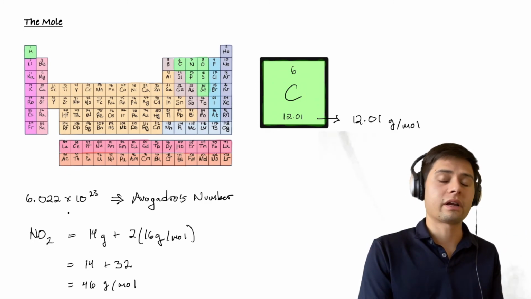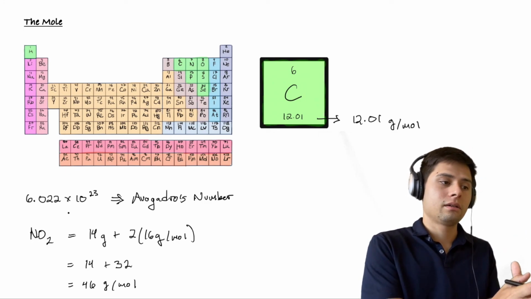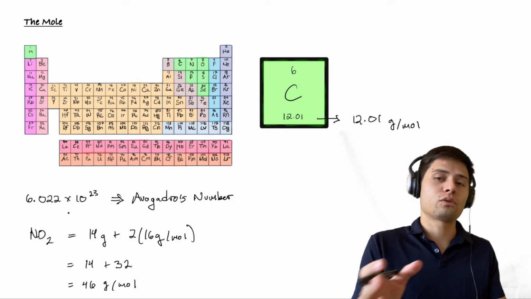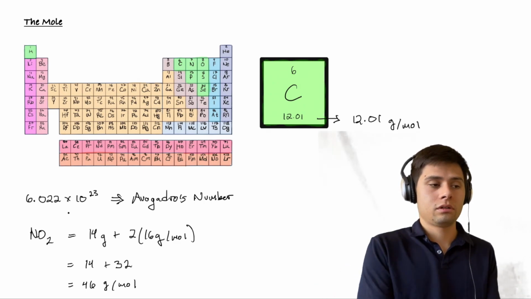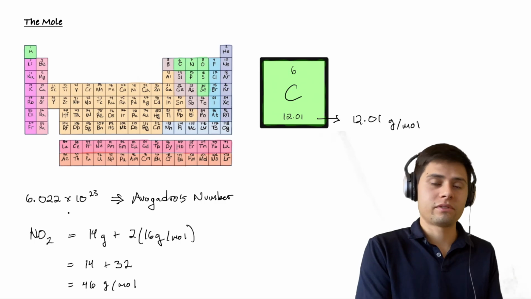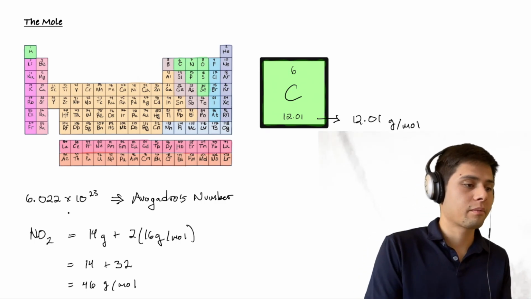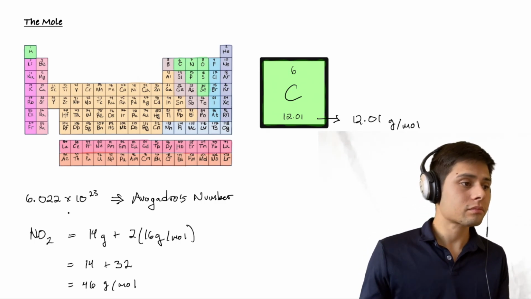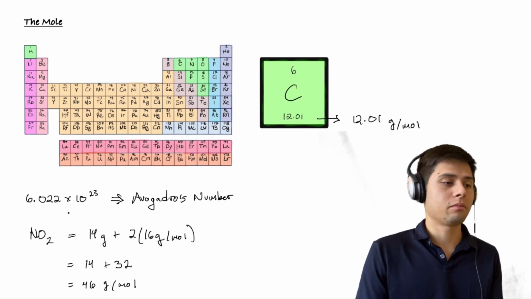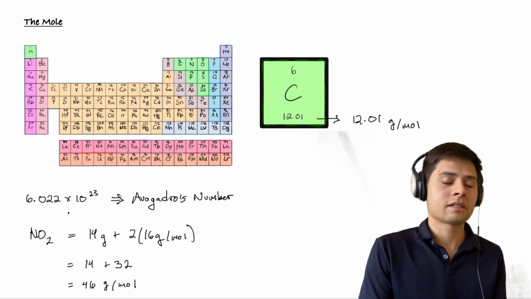And if I had 6.022 times 10 to the 23 of those, I would have a very heavy amount of tetrodotoxin. I can almost guarantee that. That's the concept of the mole, and I hope this makes sense to you.